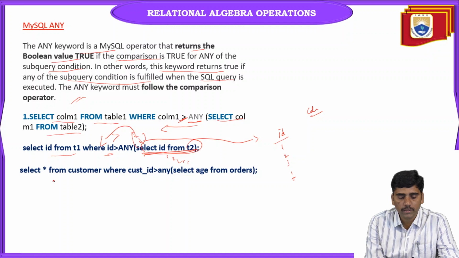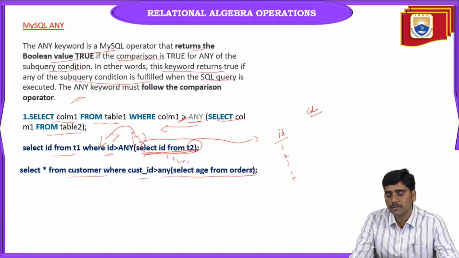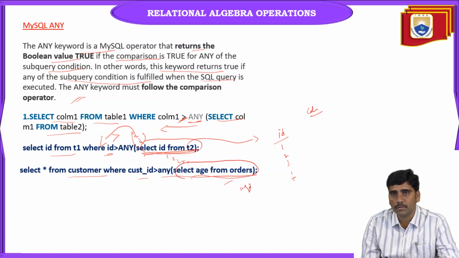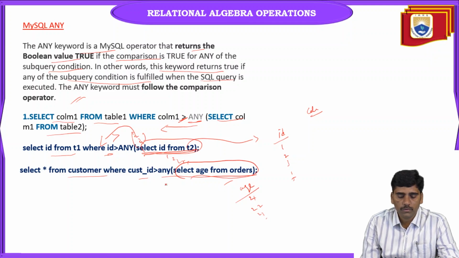Similarly, you can see the example: select star from customer where customer ID greater than ANY of select age from orders. Here, select age from orders first displays the ages from the orders, like 21, 22, 23, 24. So the result is any of 22, 23, 24.